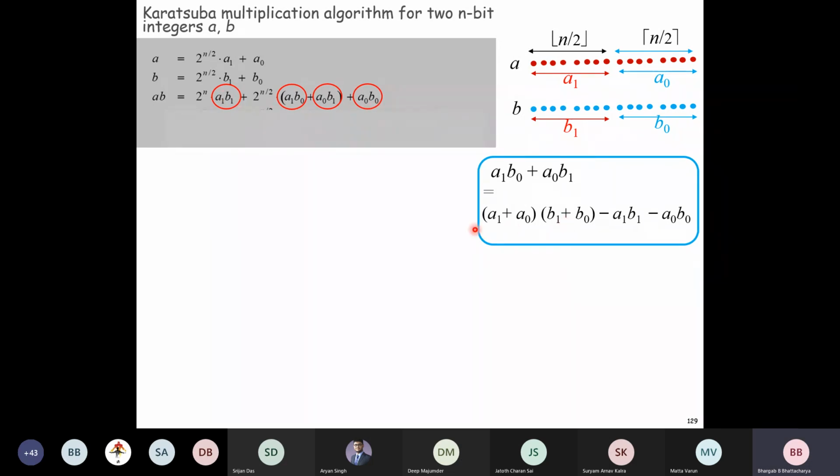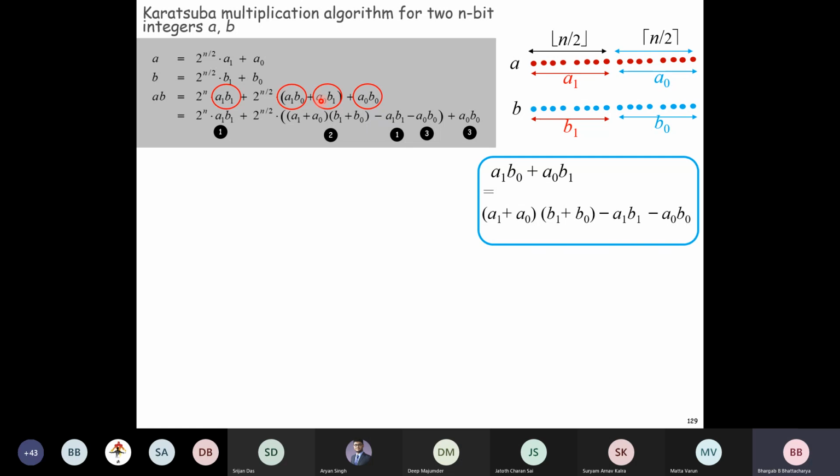And then we have 2 sum terms, right? So the total number of product terms you need to compute after divide and conquer is 3, not 4. And this trick reduces the complexity from quadratic to that value. Okay.